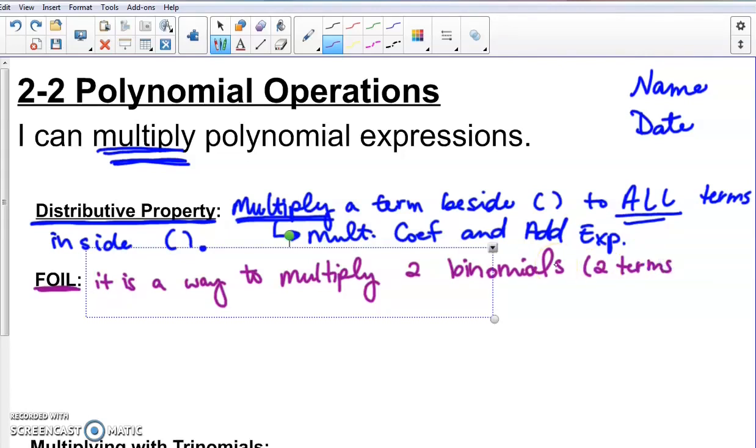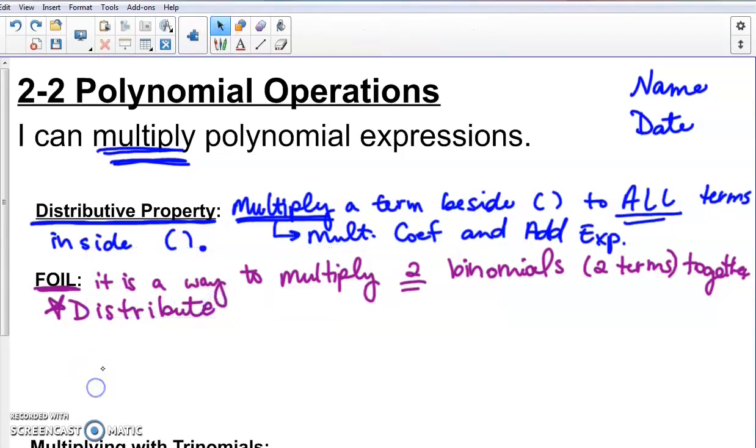So it is a way to multiply two binomials together. And FOIL is just a way to help us remember it, because it's actually just a way to distribute. FOIL just helps us have a way to remember how to distribute. I always tell people you can FOIL if that helps you, and we're going to review it right now. But if you don't like to FOIL, just remember it's just the distributive property. That's all it's going to do.